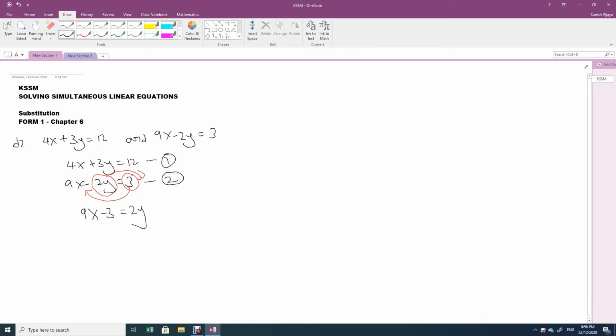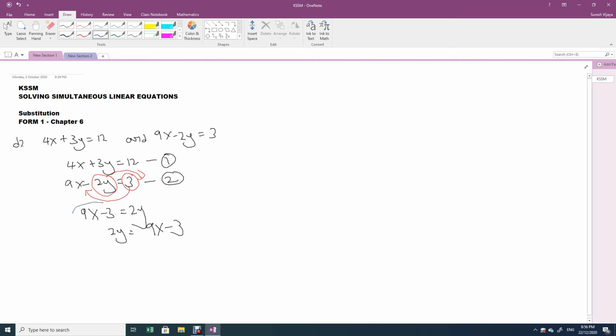Okay, and another rule that you need to know is when you change the position totally, from left to right and right to left, there's no change in the sign. So this will apply only if you change completely.